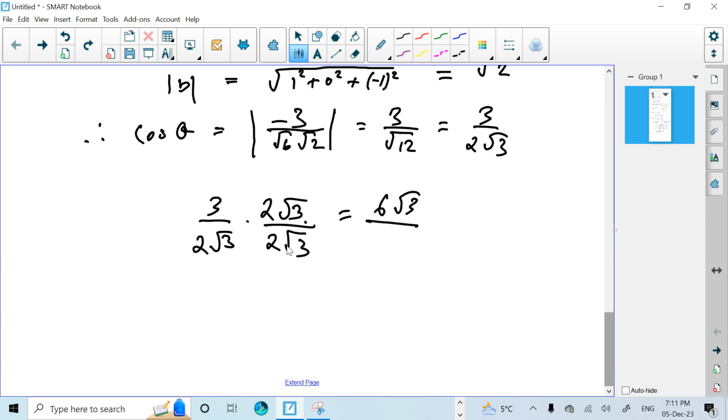Root 3 times root 3, of course, is 3, so that will give you 2 times 2 times 3, which is 12. Apologies for the slowness there. 4 times 3 is 12. So you end up with 6 root 3 over 12. And of course 6 cancels with the 12, goes into it twice. And you end up with the answer of root 3 over 2. And that's it for 8 marks.